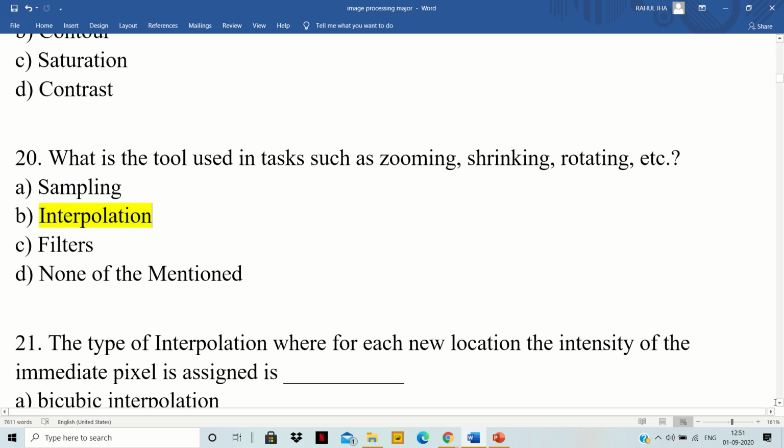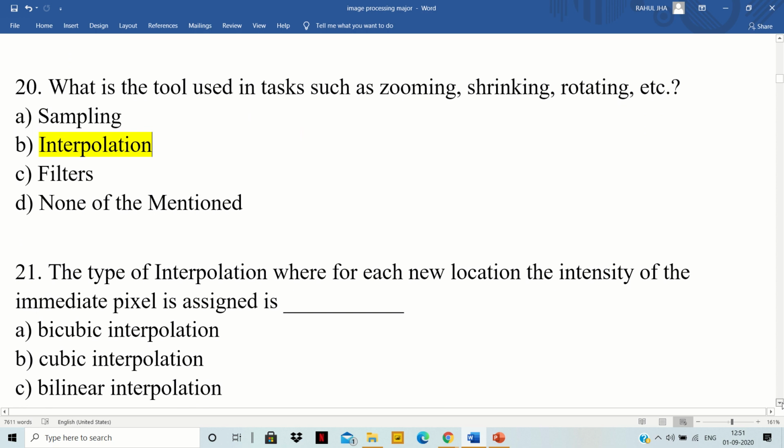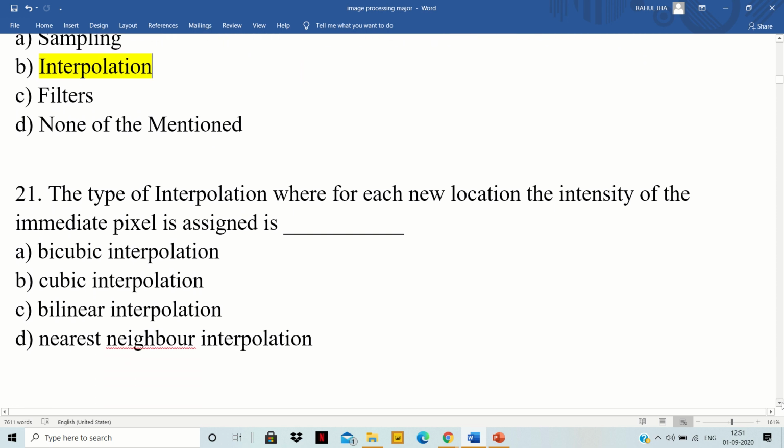Next question. The type of interpolation where for each new location the intensity of the immediate pixel is assigned. Options include bicubic interpolation, cubic interpolation.